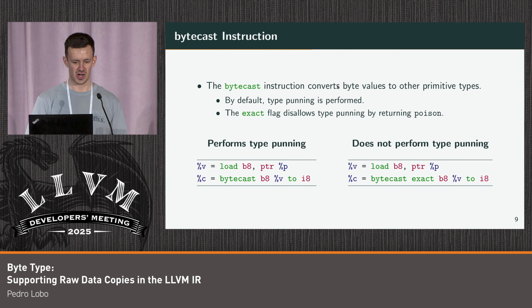We also allow a variant which does not perform type punning by specifying the exact flag, which returns poison if the type of the value held by the byte does not match the cast destination type. So in this particular example, if the load on the right loads a pointer byte, we're trying to cast that pointer byte to an integer type, and we will get poison as the integer type does not match that pointer type.